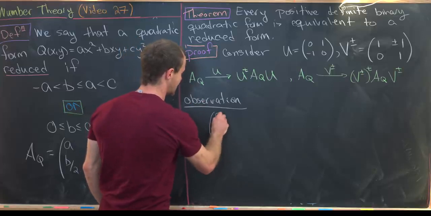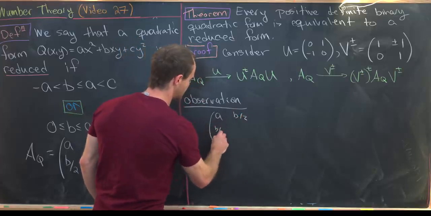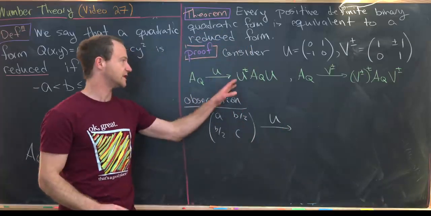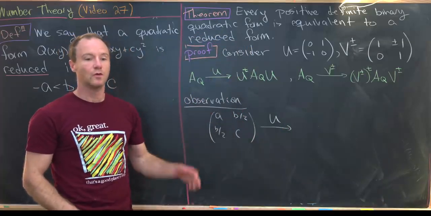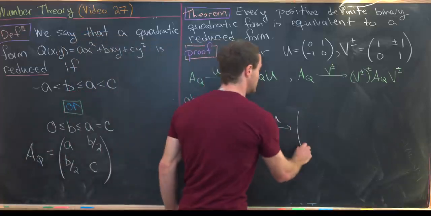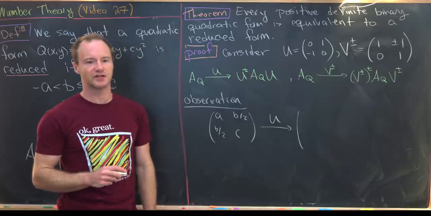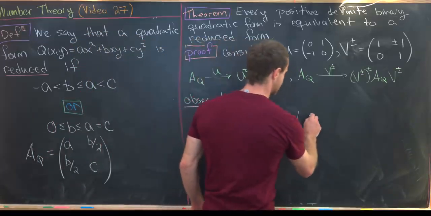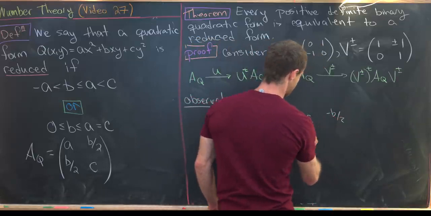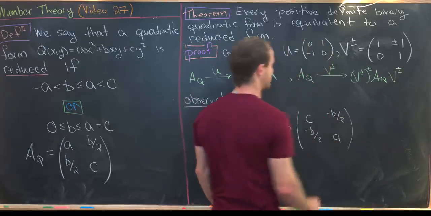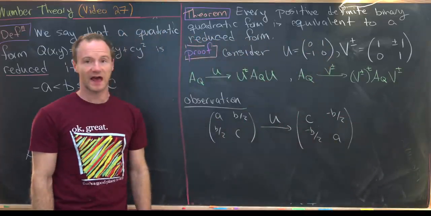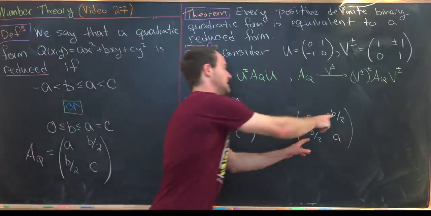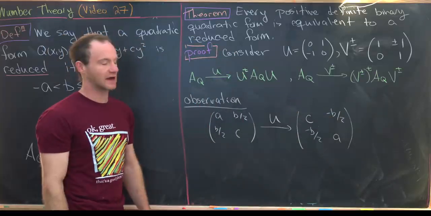That is, if we take A, B over 2, B over 2, C, and we apply U, in other words, we conjugate by U, we'll get the following new matrix. I'm not going to do the linear algebra here. That should be fairly straightforward. So we'll get C, minus B over 2, minus B over 2, A. This thing has the effect of swapping A and C and then negating the things on the off diagonal.